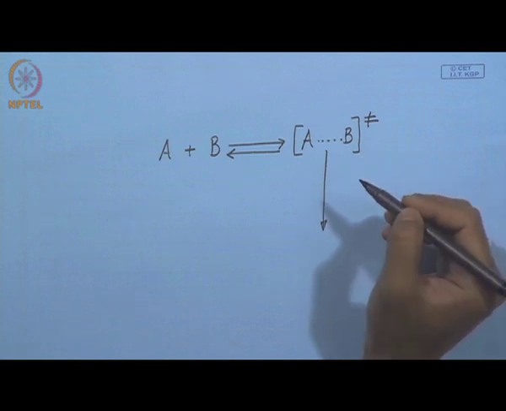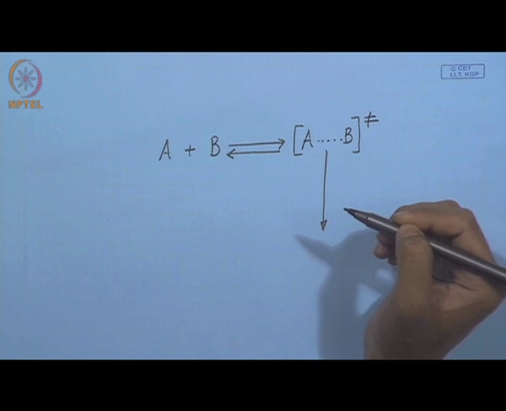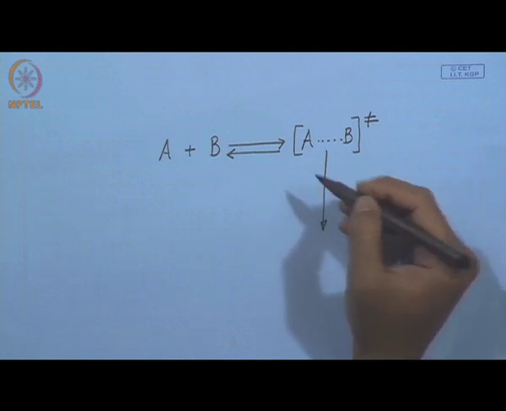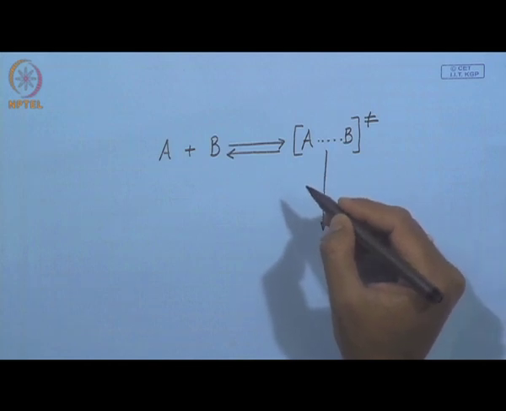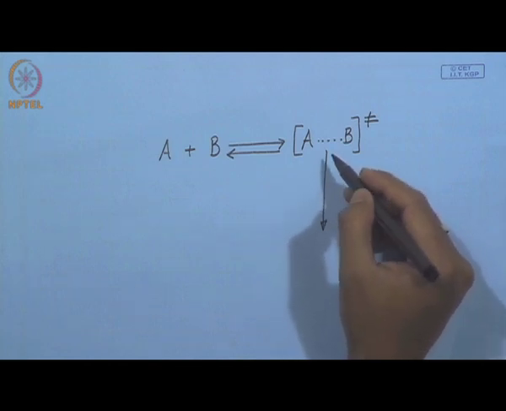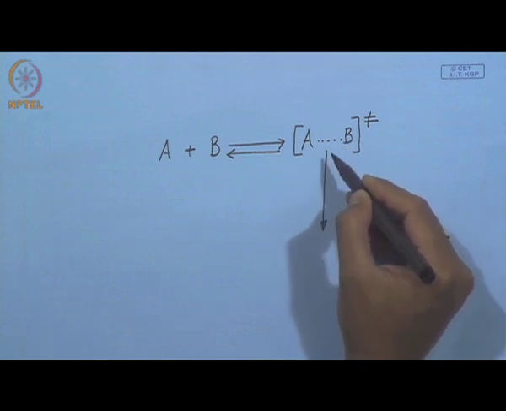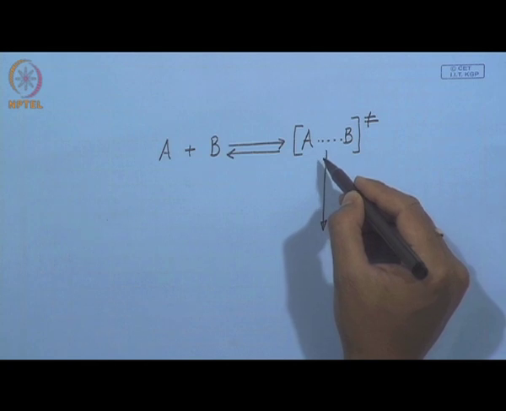And out of these vibrational modes, a specific vibrational mode will have high amplitude and a low frequency. So, that high amplitude low frequency vibrational mode will ultimately be converted to a translational mode.